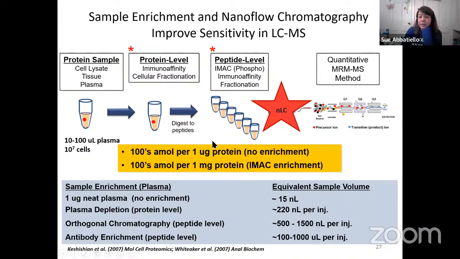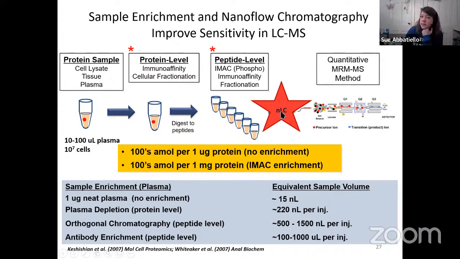So after you digest, now you can pull out your phosphorylated peptides through IMAC. You can do amino affinity by anti-peptide antibodies if you have that capability, or you can do fractionation, like I mentioned, cation exchange or basic reverse phase. Now, this step here, this nano LC, has been the major workaround most researchers use to get to that level of sensitivity.